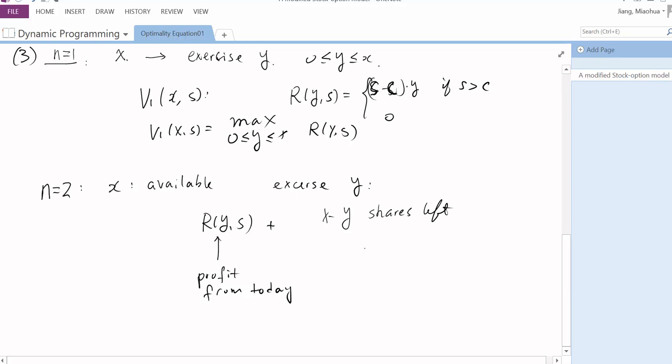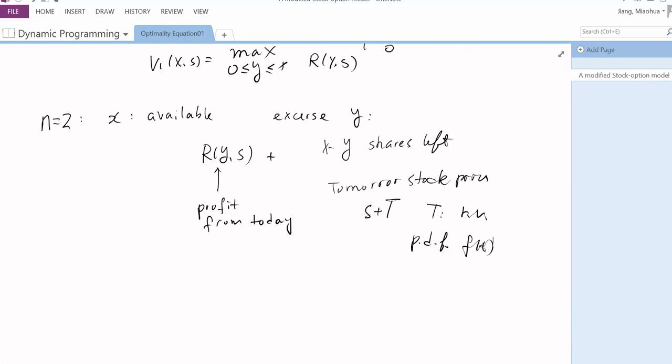And tomorrow's stock price we don't know. We know it's going to be S plus a change. Let's call it T over here. And T is a random variable. And let's say we know its PDF, the density function. It's going to be f of t.